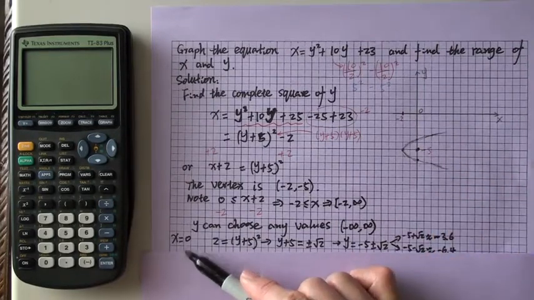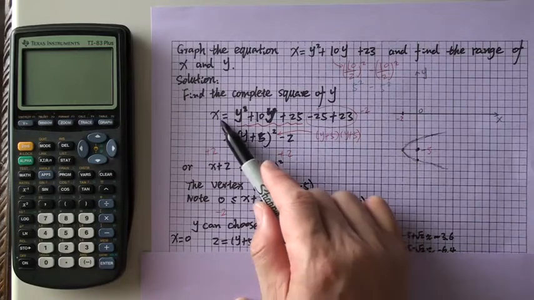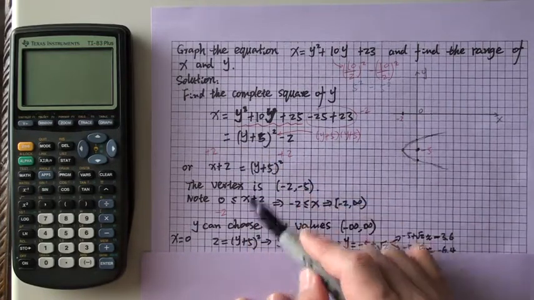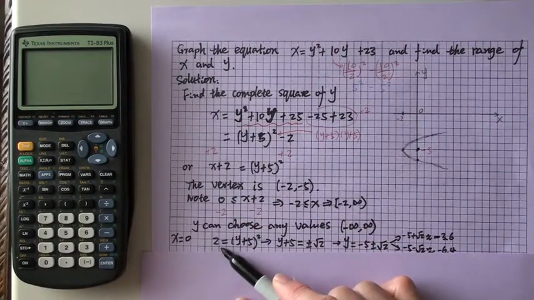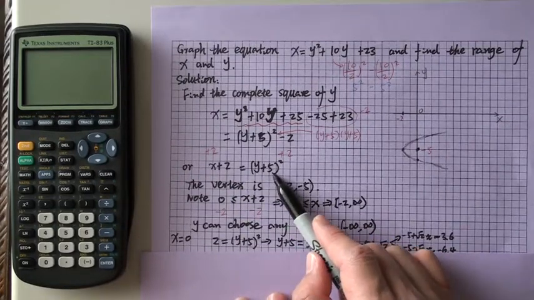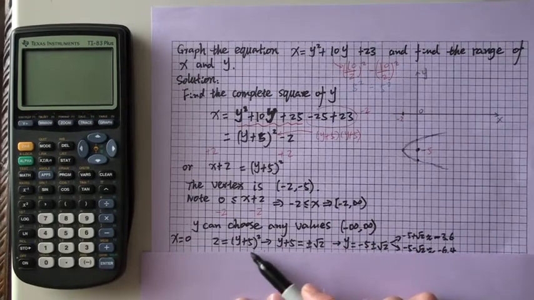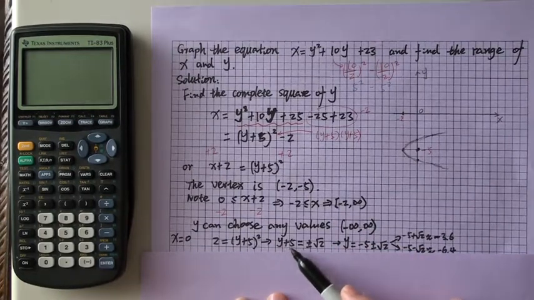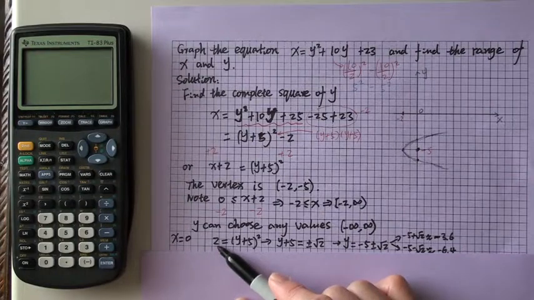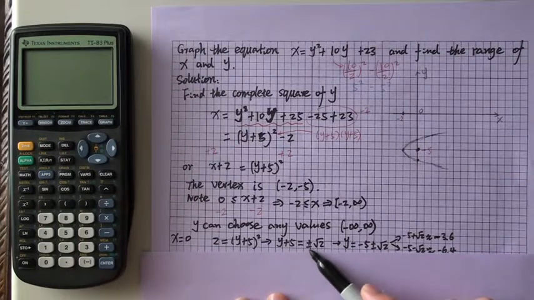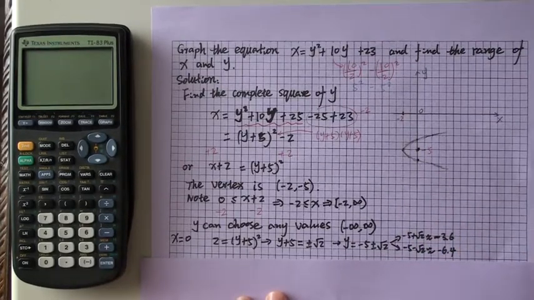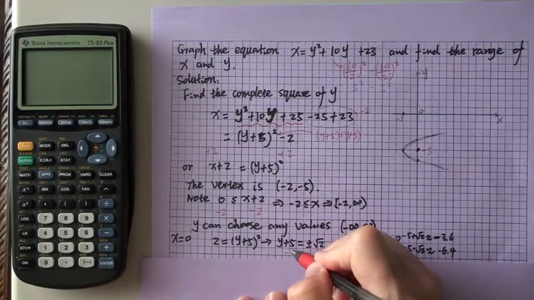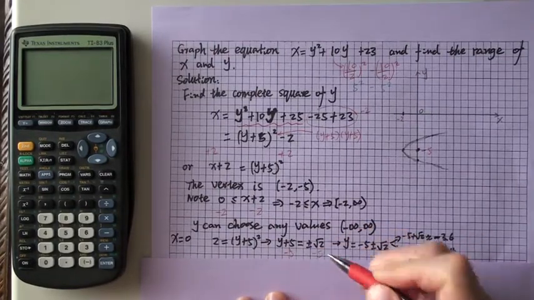So x is 0, you plug in right here: 0 plus 2 is 2, and y plus 5 squared. You want to solve for y, so choose the square root, with the radical positive and negative. And then subtract 5. Maybe up to this far you don't really have to go into so many details.